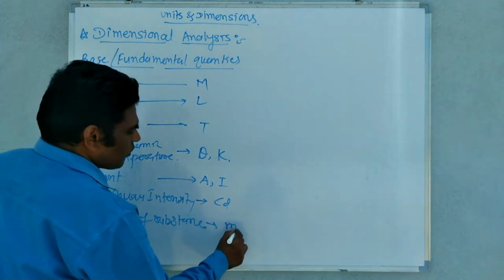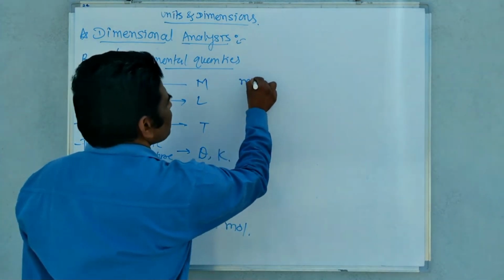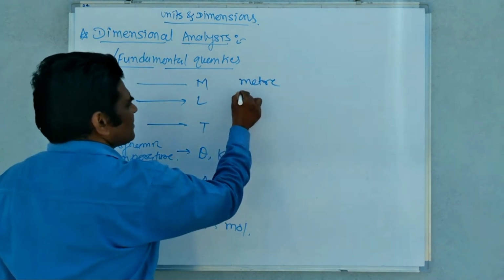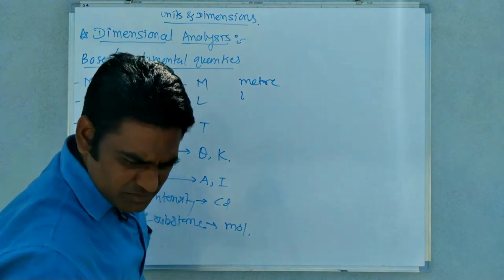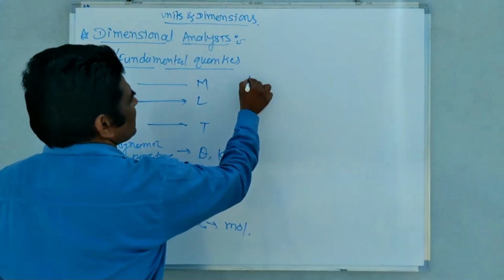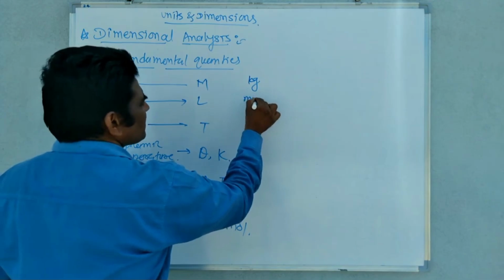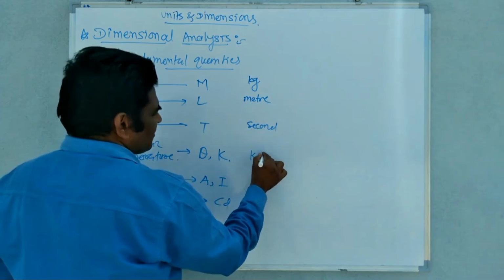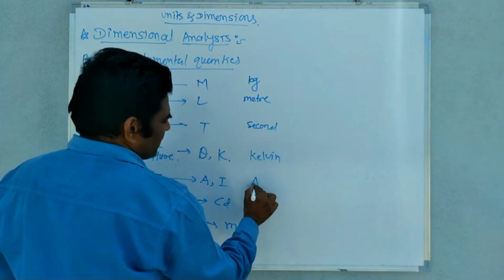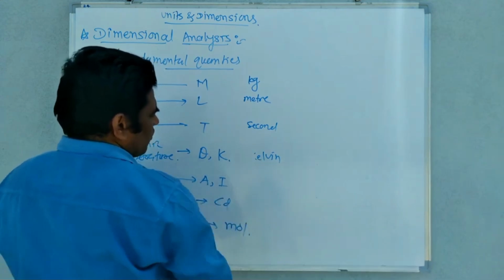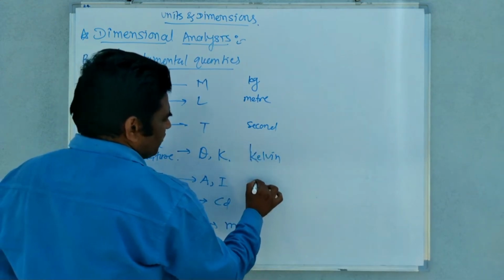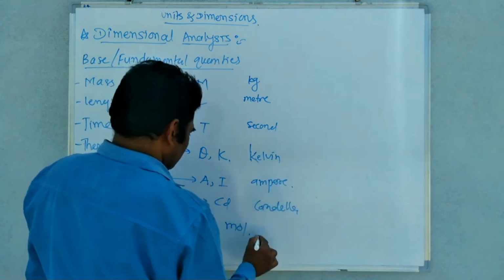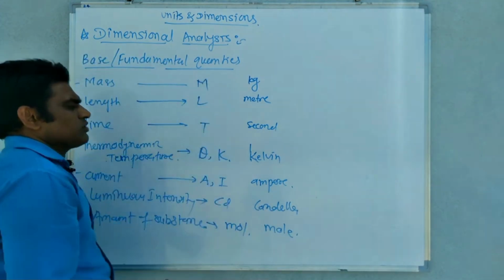Amount of substance, unit mole, symbol mol. The SI units are meter, kilogram, second, Kelvin with small k, ampere, candela, and mole.